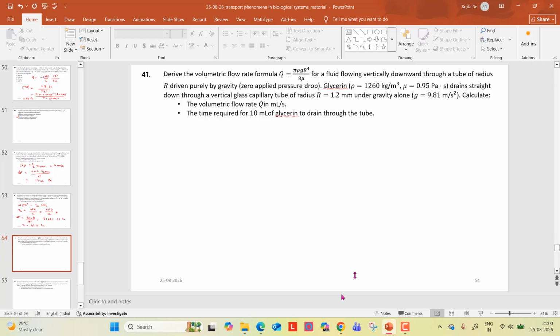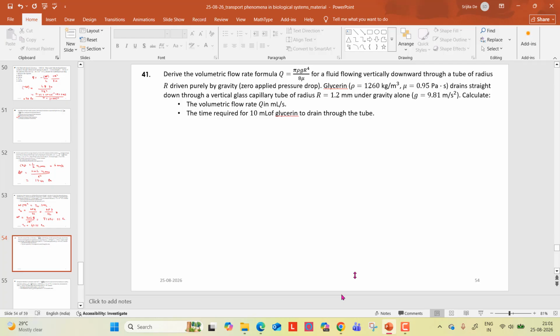So derive the volumetric flow rate. Q we know for the pipe flow, but that is a horizontal pipe. But here the fluid is flowing vertically downward, completely due to gravity and zero pressure drop. So in place of delta P by L you have to put rho G.